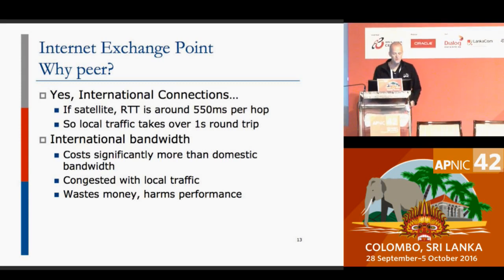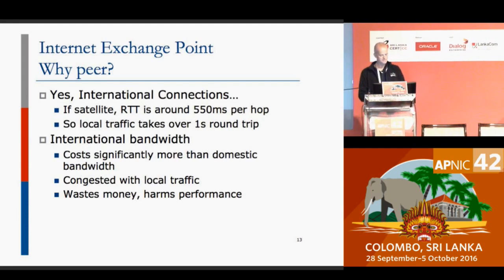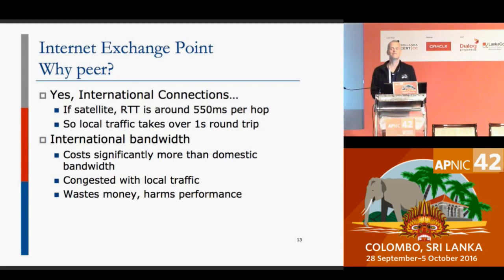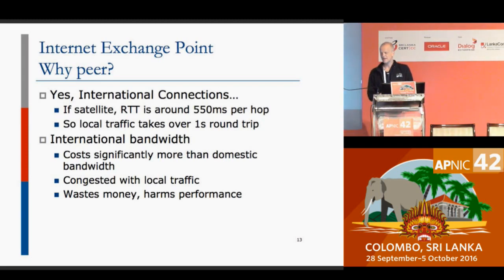International bandwidth, of course, is really expensive. It costs significantly more than domestic bandwidth. In many parts of the world, domestic bandwidth is basically free. If you can run fiber from A to B, it's just the cost of putting the fiber in place. And of course, the international bandwidth becomes congested with whatever local traffic there is.